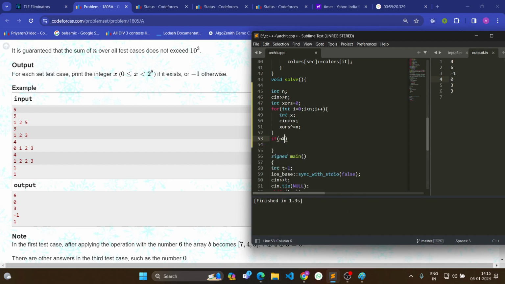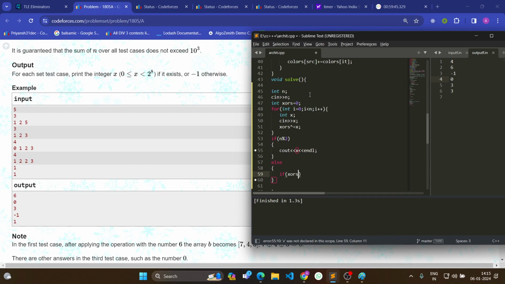If n is not 2, the answer is x. Otherwise, if XORs... no, wait, so zeros or ones or twos or three. So I'm XORing four times.